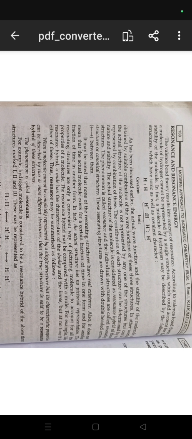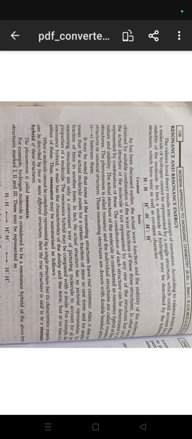The phenomenon is called resonance, and the individual structures are called resonating structures or canonical structures. These resonating structures are drawn with double-headed arrows between them. It may be noted that none of the resonating structures has real existence.